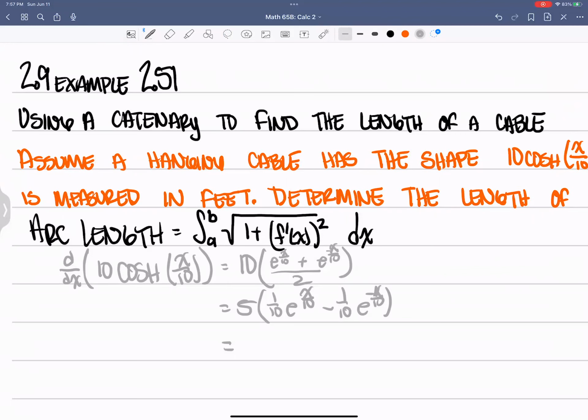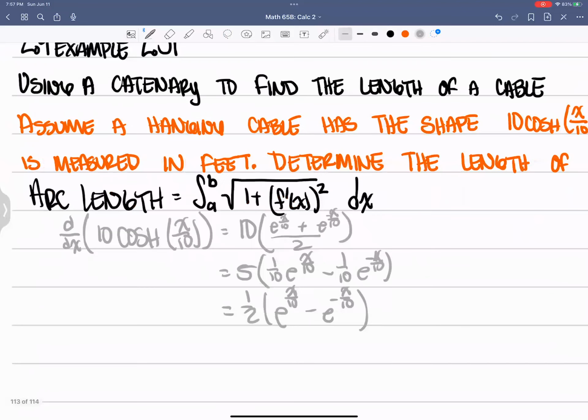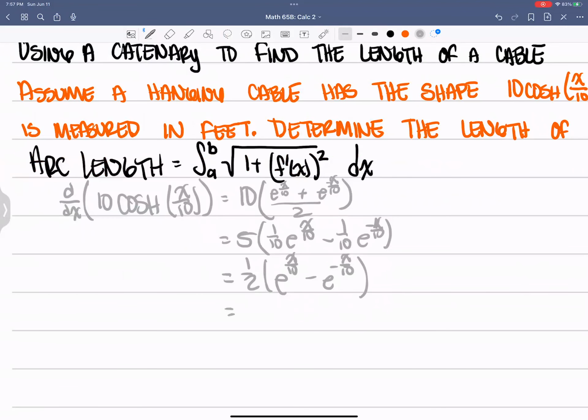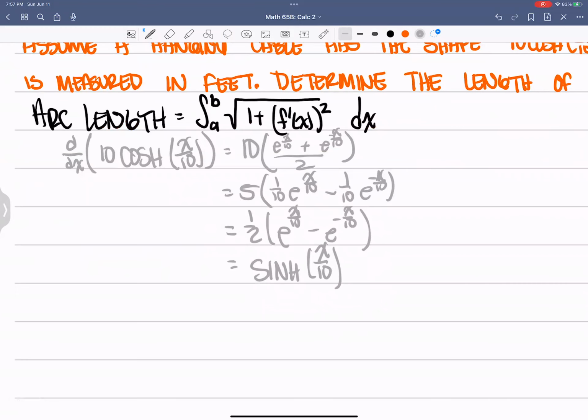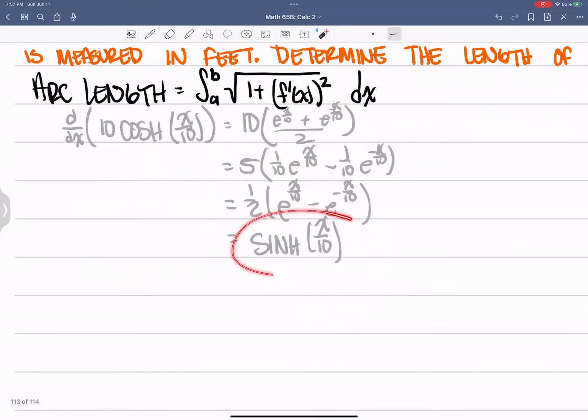We can factor out the 1 over 10, giving 1 over 2 times e to the x over 10 minus e to the negative x over 10. This ends up being hyperbolic sine, not inverse, hyperbolic sine of x over 10. Perfect. So that's the derivative, and it goes in here.